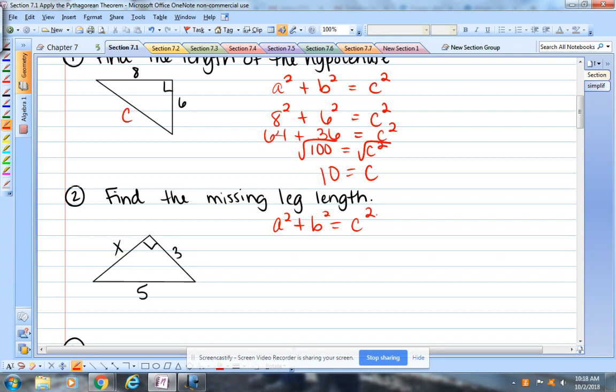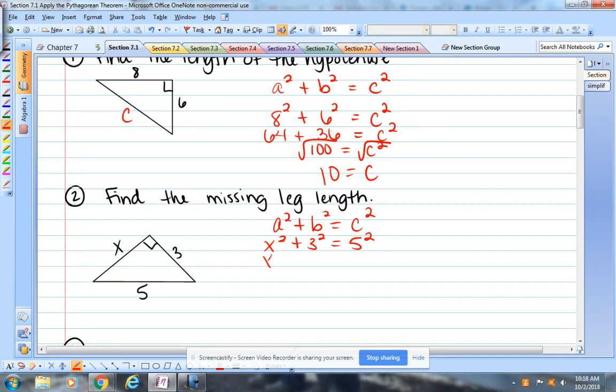Does it matter which leg is A and which leg is B? No. So I'm just going to say X squared plus 3 squared equals 5 squared. Be really careful and make sure your hypotenuse always goes in for C. A and B don't matter. C has to be the hypotenuse.